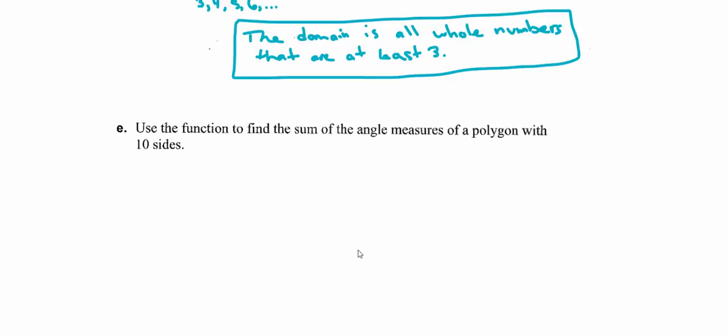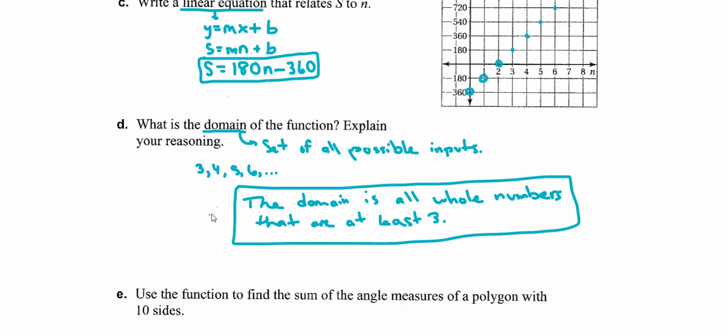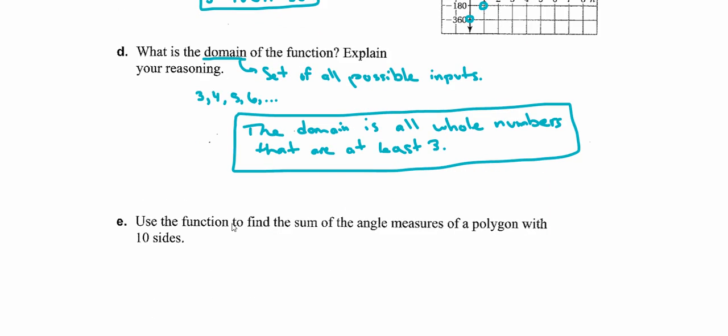All right, and then part E, the last question here, it says use the function, the one we found up here, to find the sum of the angle measures of a polygon with 10 sides. So on this one, we're going to write down our equation, S equals 180n minus 360.